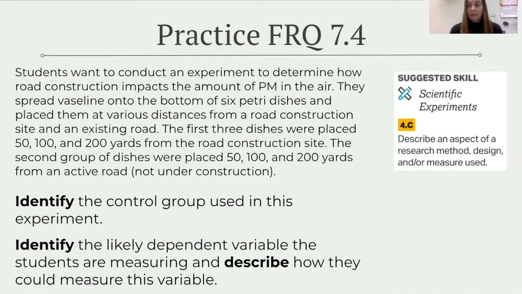And this relates to the lab that you are going to do in this unit. So let's take a look at conducting this experiment to determine how road construction impacts the amount of particulate matter in the air. So I'll let you read this, pause it, write down your answers to the FRQ in your notebook, and we'll go over this at the beginning of class tomorrow.